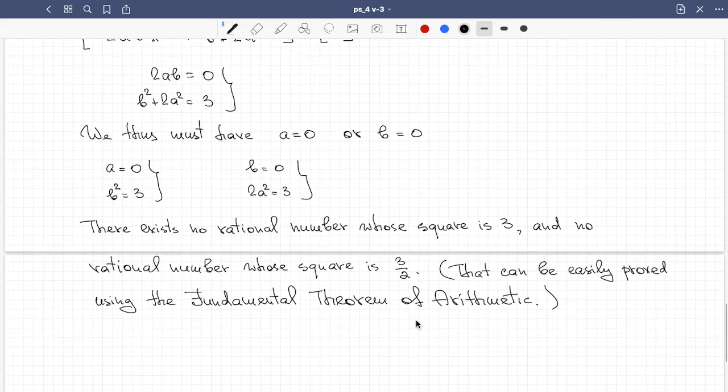So thus that cannot happen for any a, b.